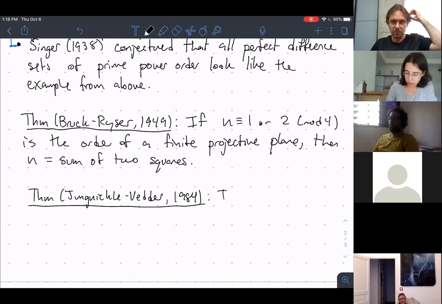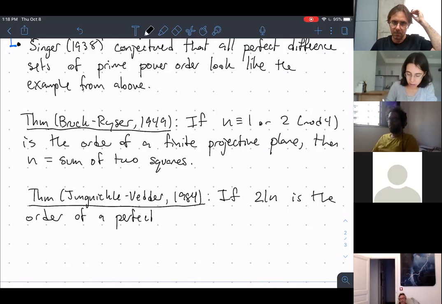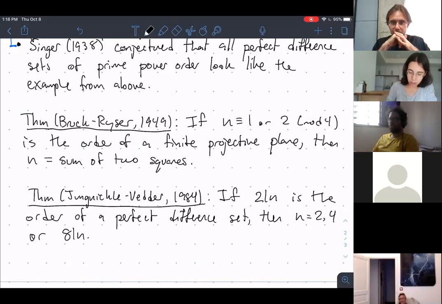That says if n is a multiple of 2 and is the order of a perfect difference set, then either n equals 2 or 4 divides n.